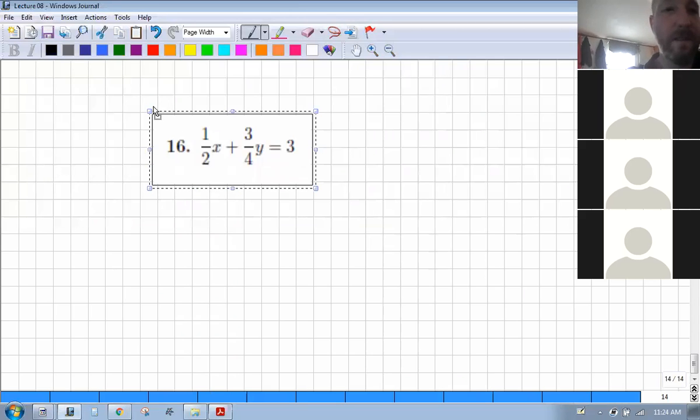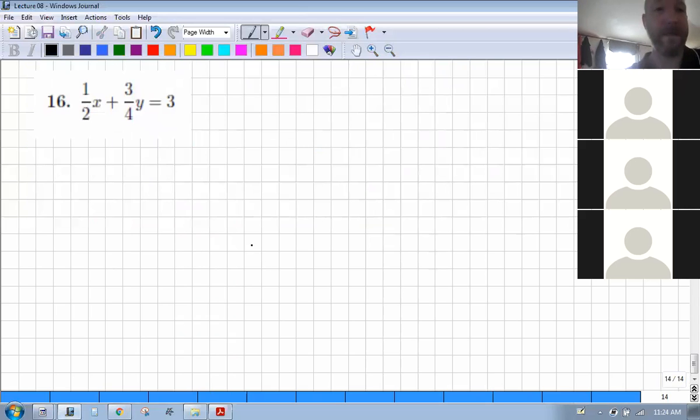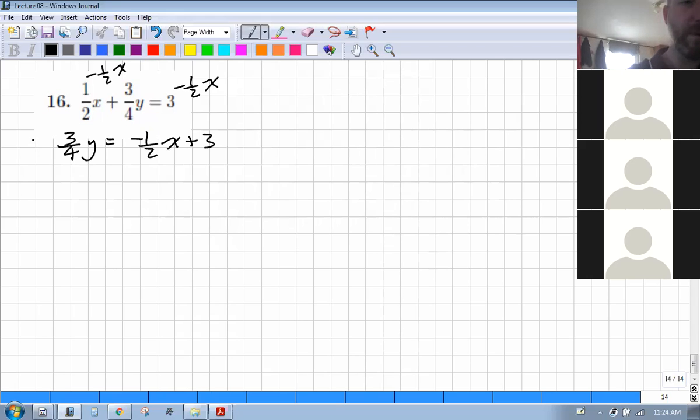All right, 16. All right, subtract a half an x. We get 3/4 y equals -1/2 x plus 3. I'll multiply both sides by 4/3. So we get y equals -1/2 times 4/3, which is 4/3 times 2 is 6.